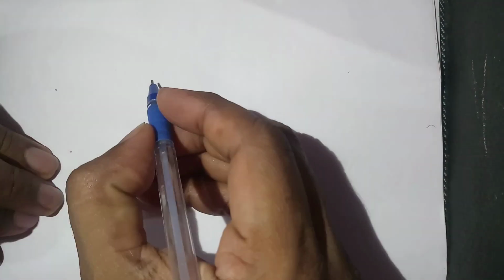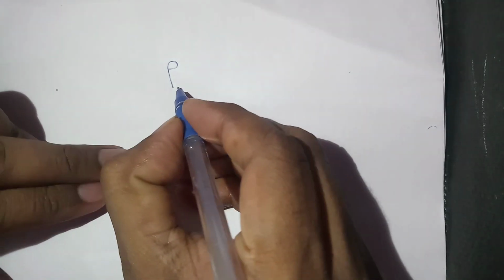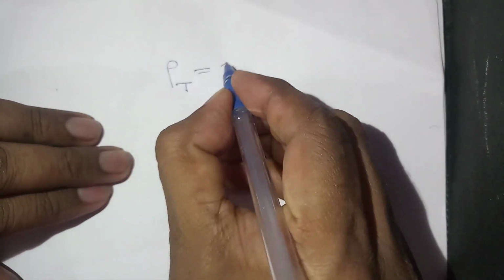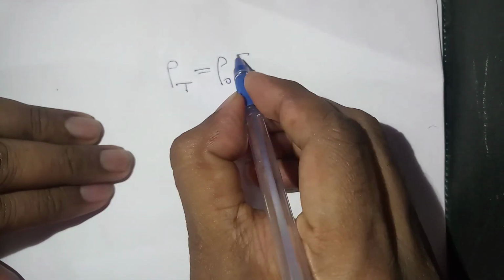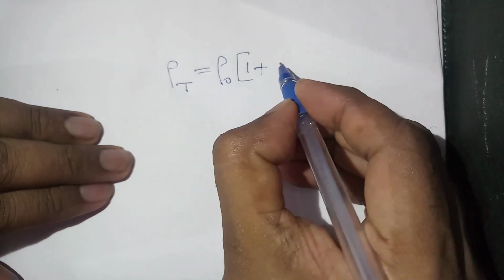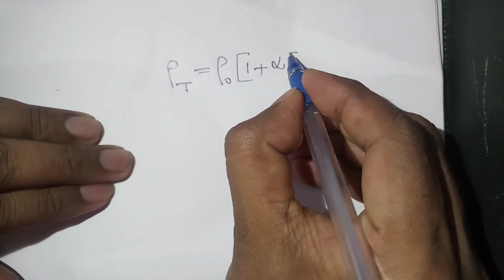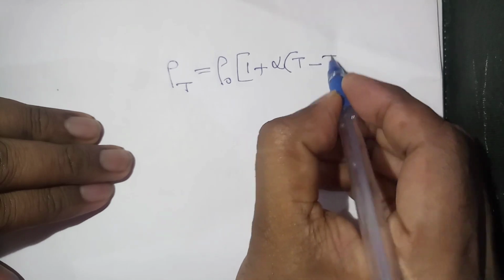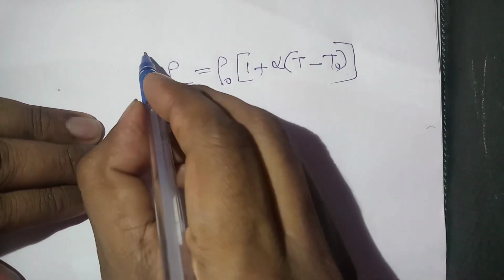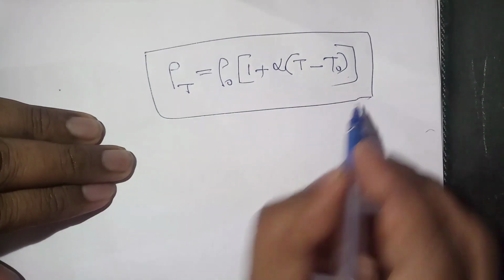Okay, so the resistivity of a material at a temperature T is given by the equation rho T is equal to rho 0 into 1 plus alpha into T minus T0. This equation is very, very important.